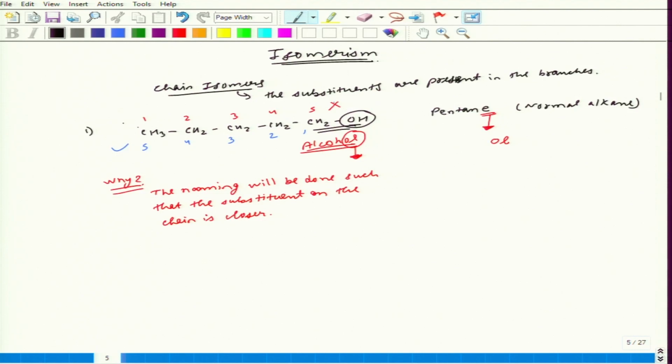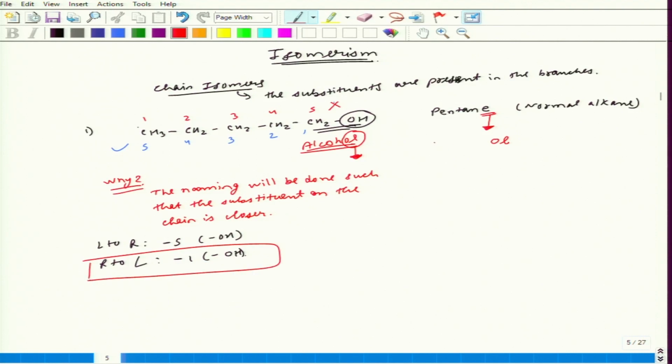Going from left to right, the alcohol, the OH group, comes on position number 5. If we go from right to left, the alcohol is on the first position. So obviously we will prefer this one.